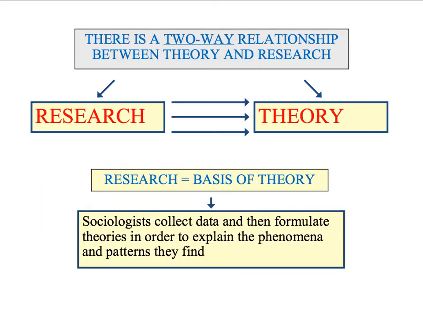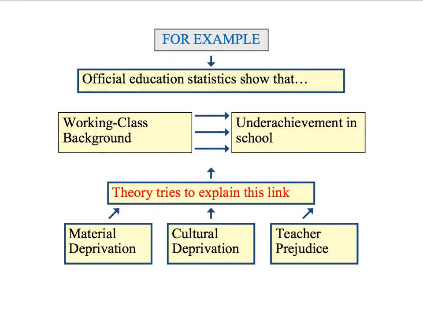And there's a two-way relationship between theory and research. On the one hand, research often forms the basis of social theory. So sociologists will collect data about the social world, and then on the basis of the data that they've collected, they then formulate theories in order to explain the phenomena, the patterns that they find within their data. For example, a sociologist interested in educational attainment might gather data that seems to suggest that children from working class backgrounds, so children from poorer backgrounds, are more likely to underachieve in school.